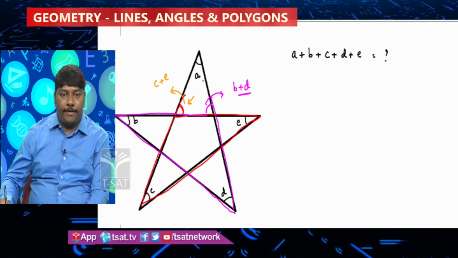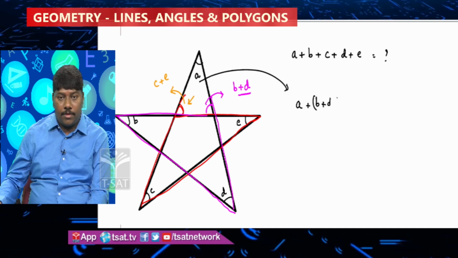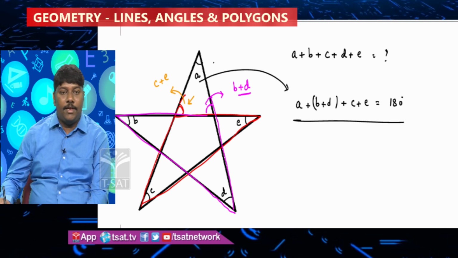You can see it clearly here. What is the sum of angles in a triangle? A plus this 2 is B plus D, the other 2 is C plus E. Sum of 3 angles in a triangle is 180. So, now by looking at it, you can say the sum of these 5 angles is 180.